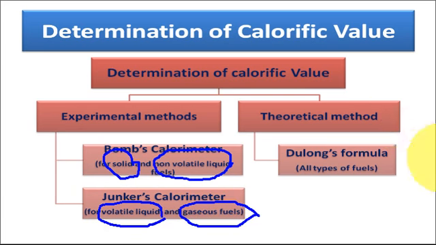Clear? Now, theoretical determination is done by Dulong's formula, by which we can determine the calorific value of all types of fuels. So, determination of calorific value can be done by experimental methods or by the theoretical method. The experimental method depends upon the type of the fuel.